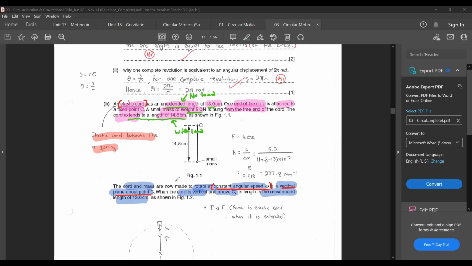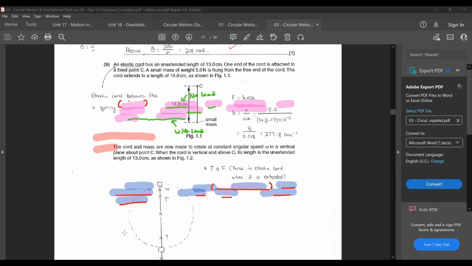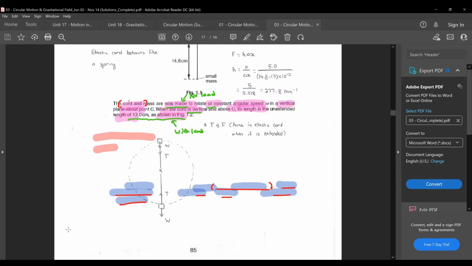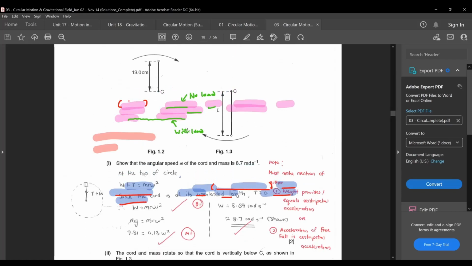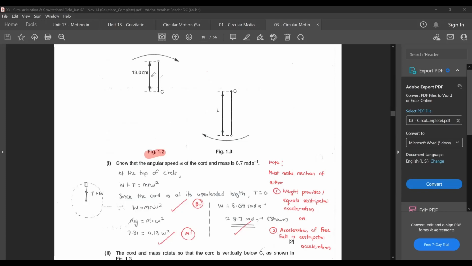Now when your cord is vertical and above C, the length is the unextended length of 13 centimeter, as shown in figure 1.2. If you look at the next page, this is the diagram showing you what's happening now. Figure 1.2 is showing you the cord when it's vertical and the mass is at the top.